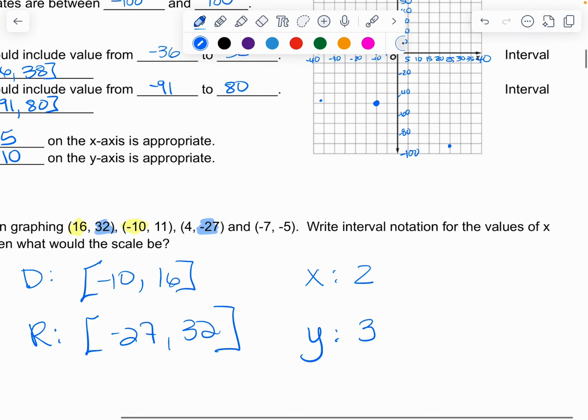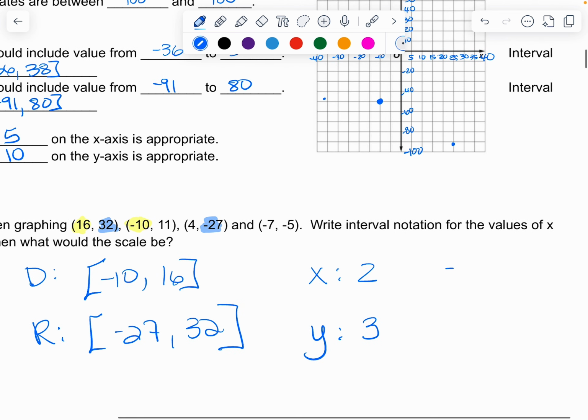I would probably go from negative 20 to 20, and this I would go from negative 35 to 35.